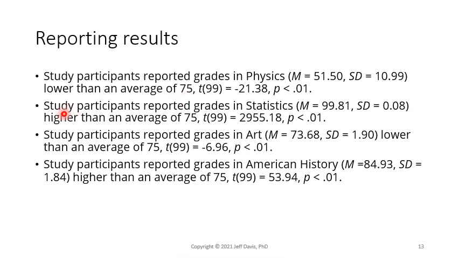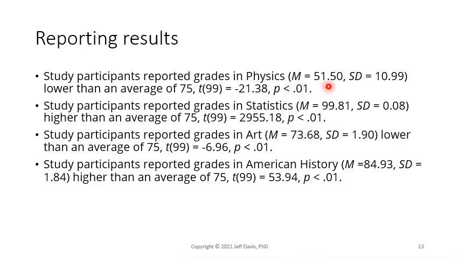The next one again reads pretty much the same. Study participants reported grades in statistics, followed by the descriptive statistics here, higher than an average of 75, followed by details of the t-test, okay?